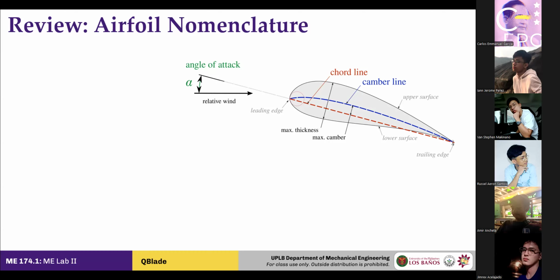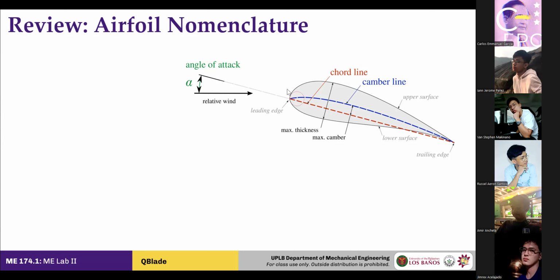Kaso when you start applying asymmetry to the shape, pag tinrace mo yung midpoint line ng bawat vertical slot ng airfoil mo, it forms this curve called the camber line. The camber line expresses yung asymmetry ng inyong airfoil. Meron pa tayong tinatawag dito na max thickness, max camber. Later sa next slide, makikita nyo na these terms, yung max thickness, max camber, pati yung locations nila, sometimes they're used to label airfoils.